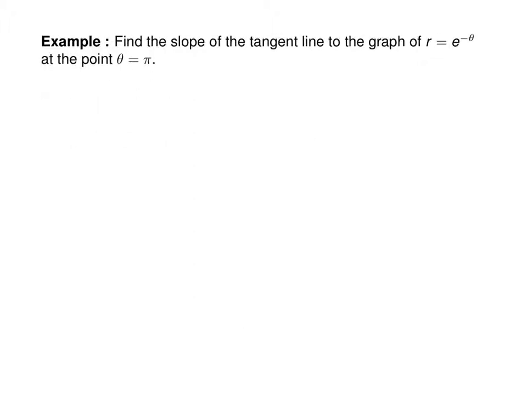Let's find the slope of the tangent line to the graph of r equals e to the negative theta at the point theta equals pi. So what's easiest to do here is recall that x is equal to r cosine of theta, and y is equal to r sine theta. And r is that function you have up there. And remember the differentiation for parametric curves.